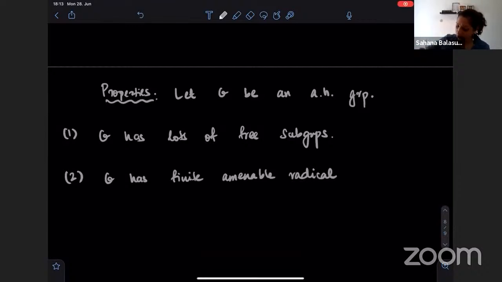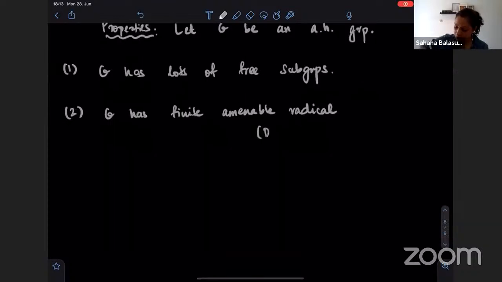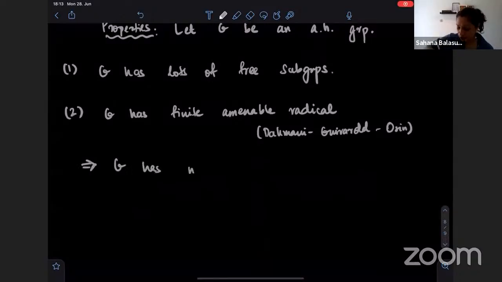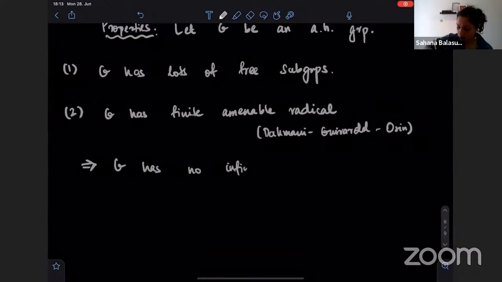This is a result of Dahmani, Guirardel, and Osin. And what does this mean? Well, what it means is that G has no infinite amenable normal subgroup.